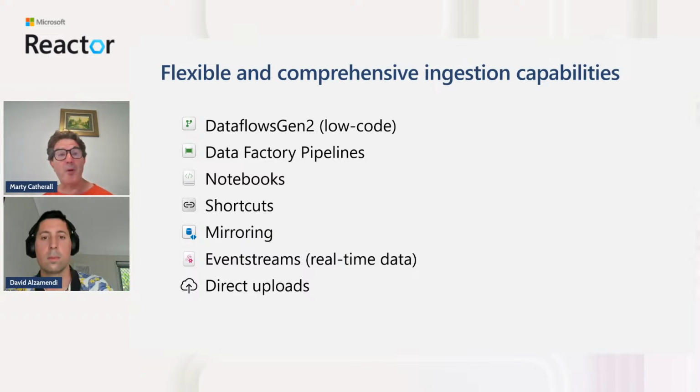And then we've got notebooks. Notebooks are generally used to transform the data. Once the data is landed, you have the option to use a notebook to transform that data. And the notebook is able to understand code from different languages.